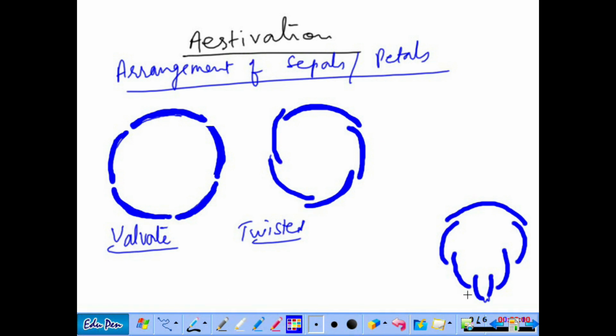One overlaps these two, these two overlap further these two, and these two overlap, being overlapped by this. Got it? So, this type of arrangement is known as papilionate or vexillary.